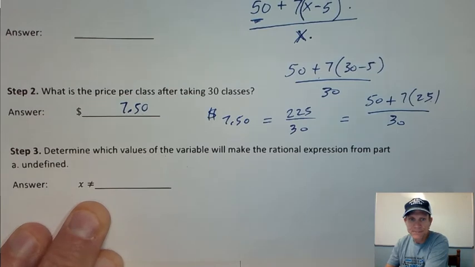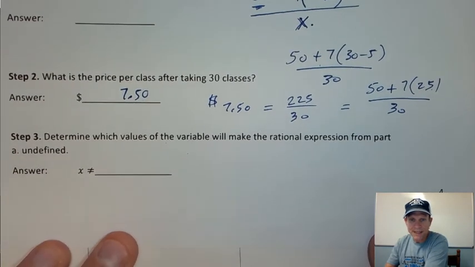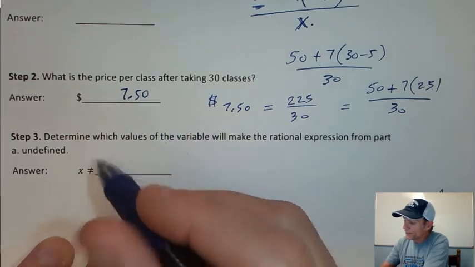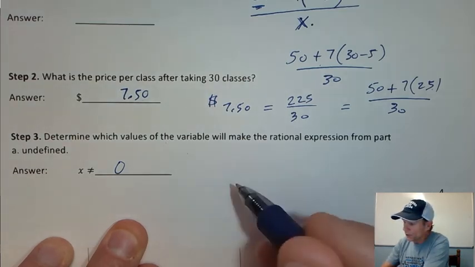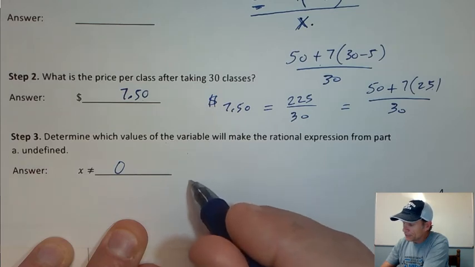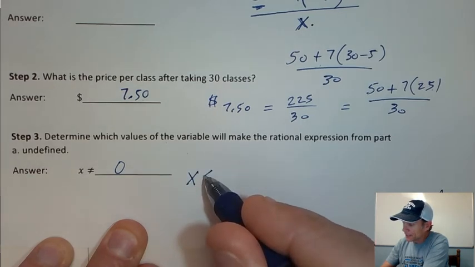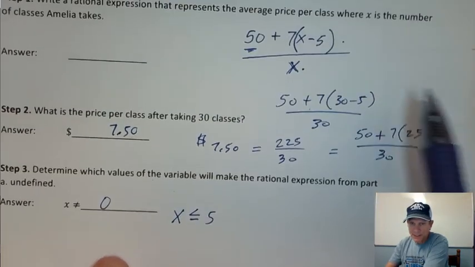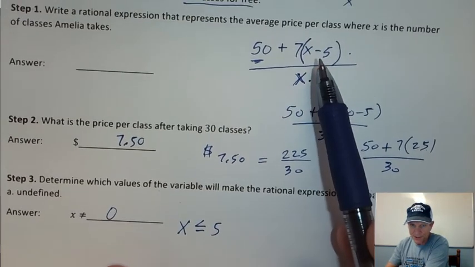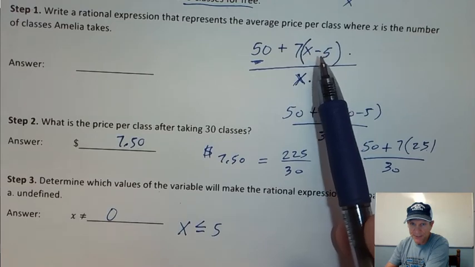Then, what values will make this rational expression undefined? The value that would make it undefined is 0, but the values that make this problem a little wacky are any value of x less than or equal to 5. If you put 1 in here, you would end up getting a negative number, or 2.